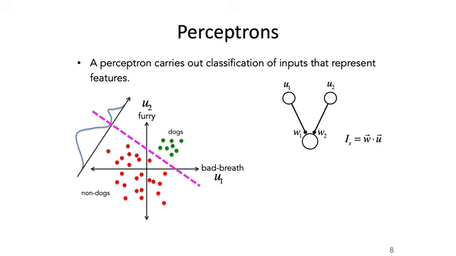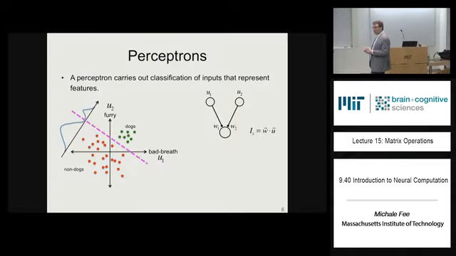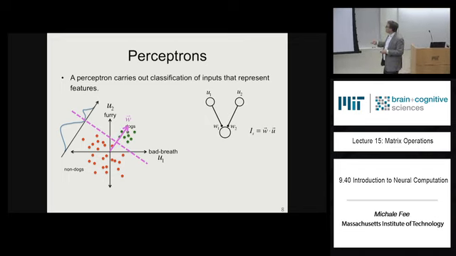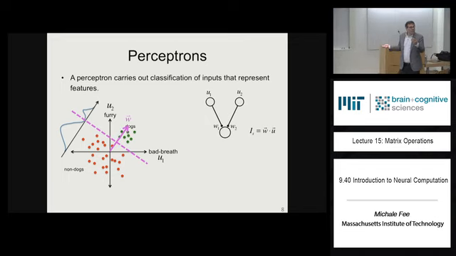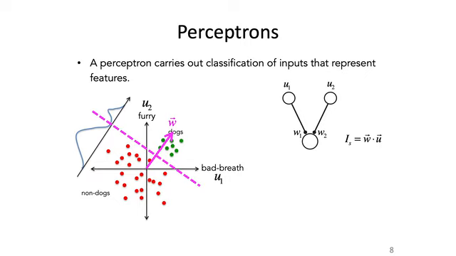Okay? So U1 and U2 are the dimensions on which we're performing this classification. The decision boundary between those two classifications is determined by this weight matrix W. And then we used a binary threshold neuron for making the actual decision.